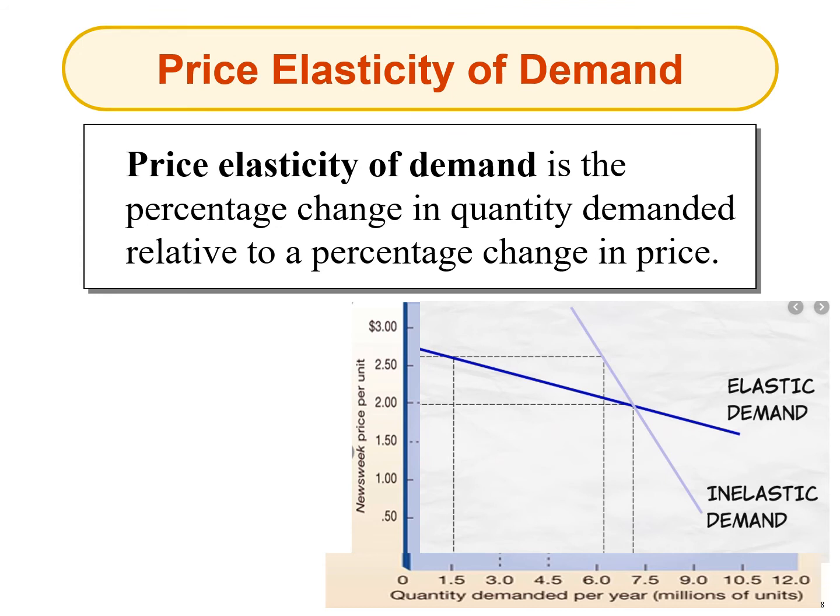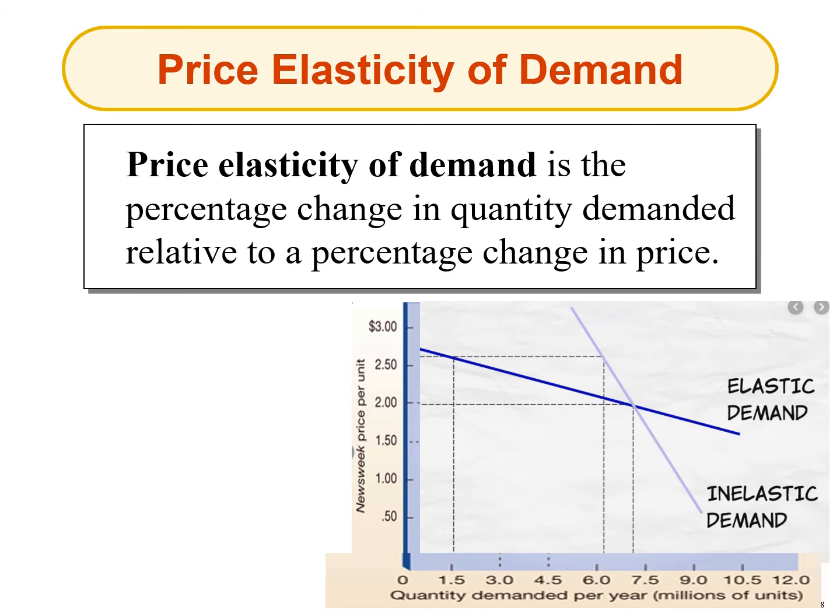That was your price on this graph. And if your price is 2.75, you're not able to sell anything. So you go from 2.75 to almost around 2.5, and then you're able to sell 1.5 million units of the product. Then again, if you reduce your price from 2.5 to $2, you are able to sell 7.5 million units of the product.